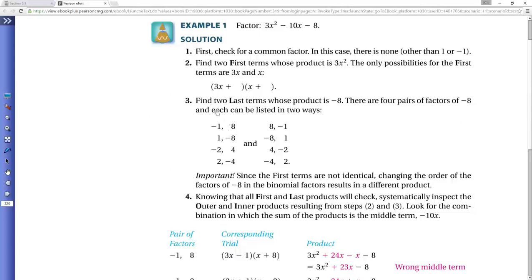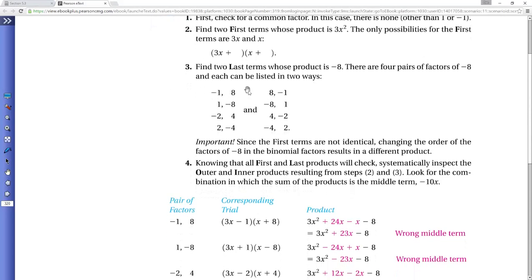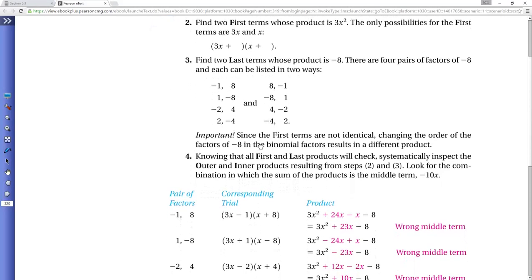So what this means in this order would be 3x plus a -1 times the quantity x plus 8. Compared to this one, which is 3x plus 8 times the quantity x plus -1. And if you do those two multiplications, even though they involve the same factors, you're going to get a different middle term. Okay.